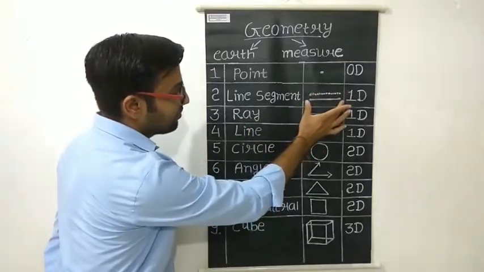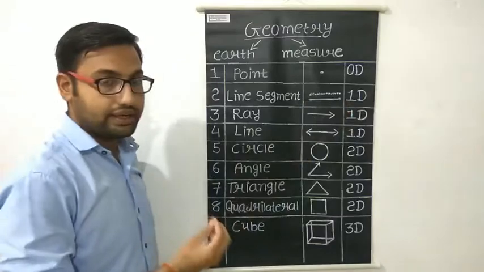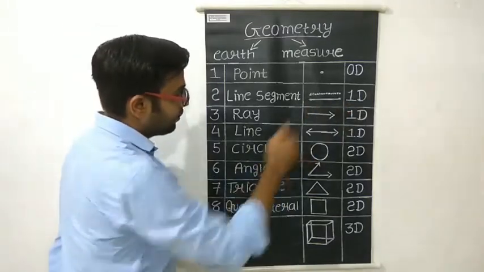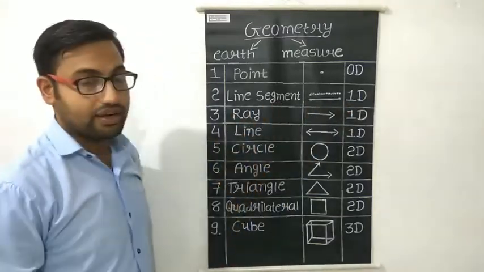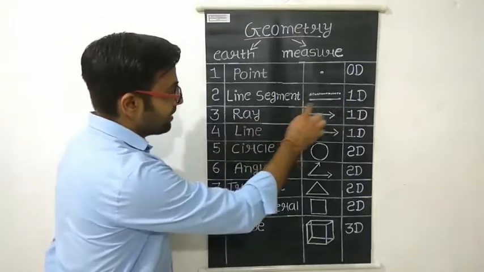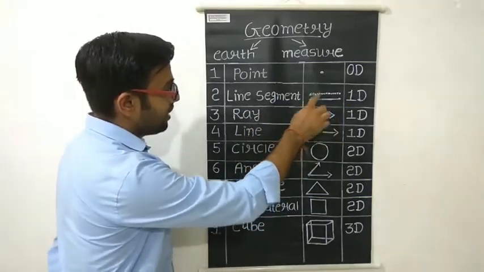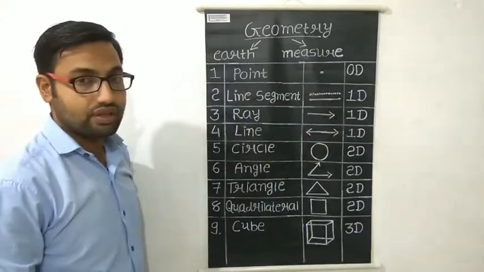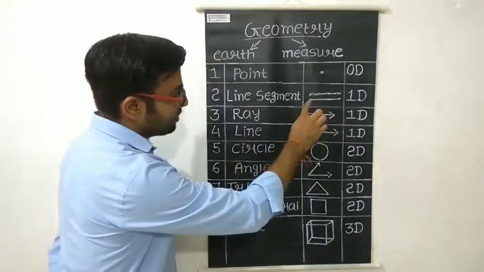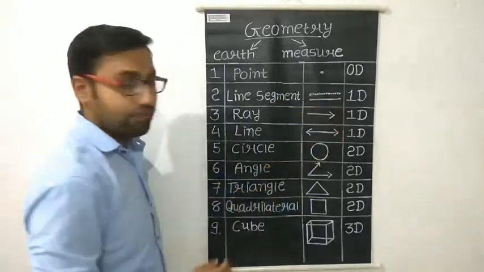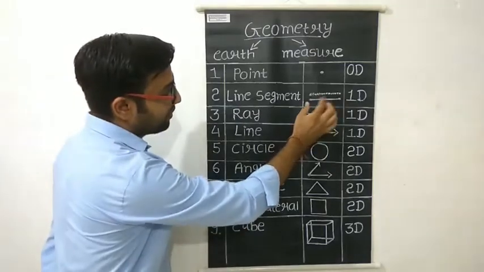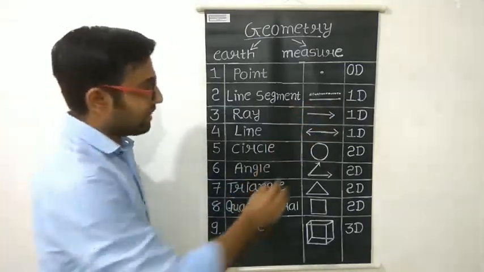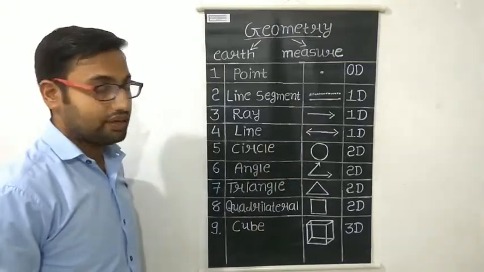It will become this kind of straight line, and that we call a line segment. So what is the line segment made of? The line segment is made of points, right? It is a collection of points, and that we call a line segment, right?